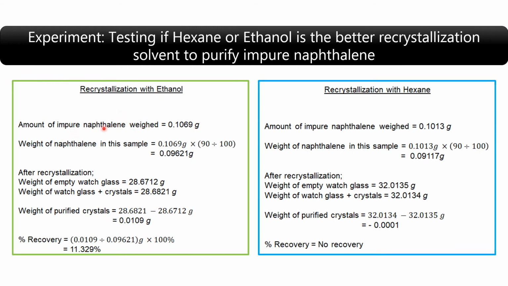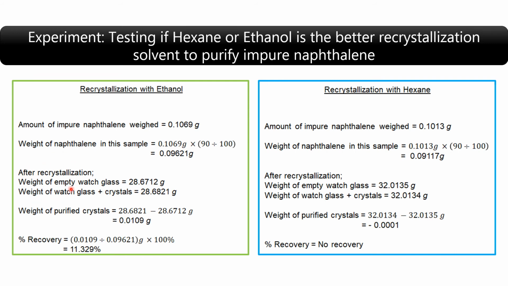Since we know that this impure naphthalene is a mixture of 90% naphthalene and 10% biphenyl, we can estimate the weight of naphthalene in that weight amount of impure naphthalene. So that times 90%, we can estimate there was this much naphthalene in the initial sample.